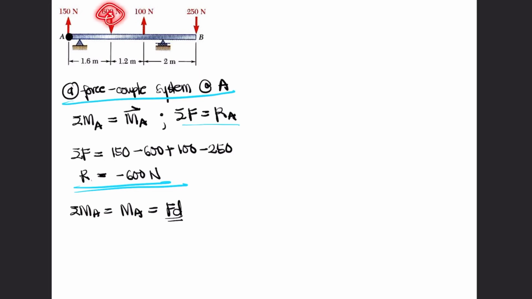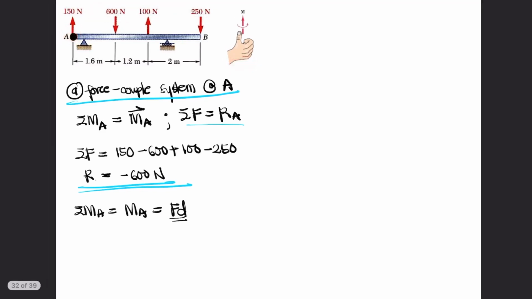So, again, right hand rule. Say, start here, rotating about A. First, using your right hand, point your thumb at A and curl your fingers.